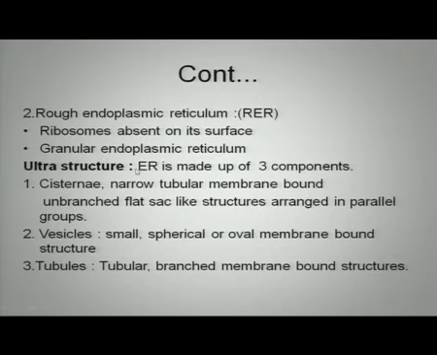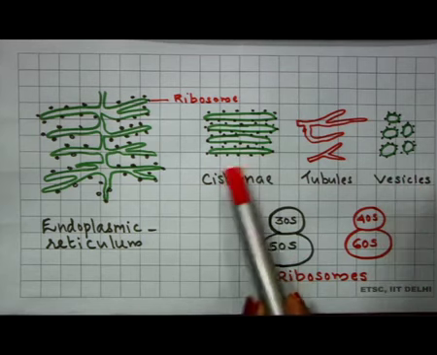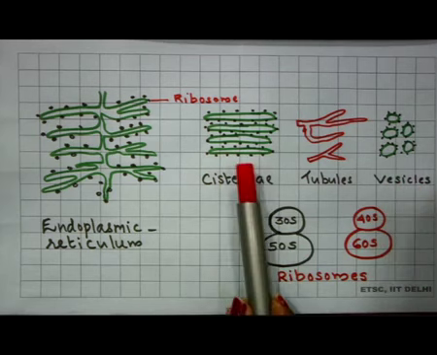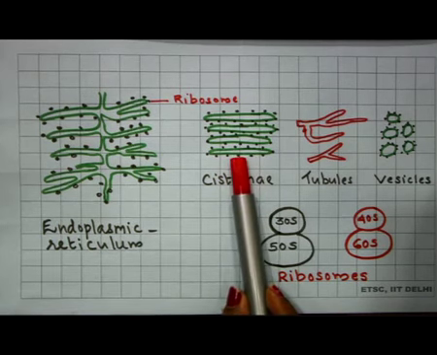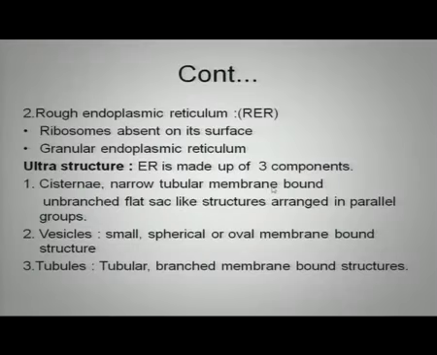Now coming to the ultrastructure, an endoplasmic reticulum is made up of 3 components. Already I have told you these 3 components. Here you can see again the cisternae, tubules and vesicles. You can see the characters also by minutely observing this diagram. Cisternae are narrow, tubular, membrane bound, unbranched, flat, sac-like structures arranged in parallel groups.